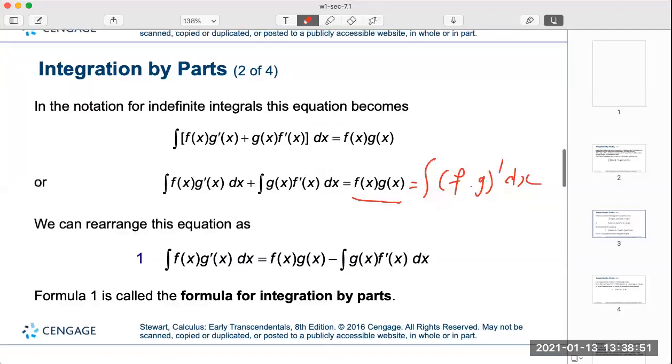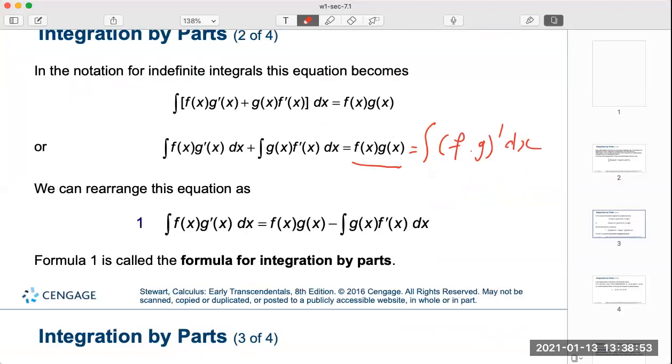Now, suppose we're given an integral, which is the integral of f g prime dx. Then we can apply this formula to find this. So this is a very important formula. You have to use it many times in the future if you are still studying mathematics. And this is a very beautiful formula.